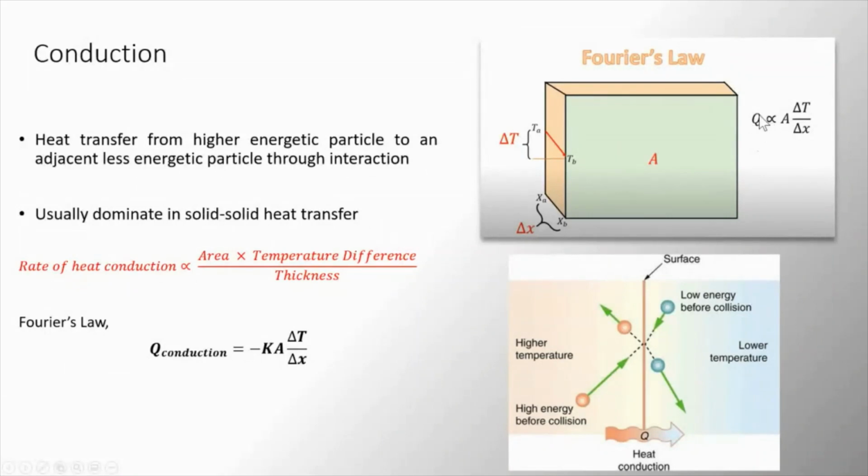The amount of transferred heat from surface A to surface B is proportional to its cross-sectional area. The higher the area, the more heat transfer. It is proportional to the temperature difference. The higher the temperature difference, the more. So if you have 100 over here and 0 over here, and 200 and 0 over here, definitely for 200 you'll see a much higher heat transfer rate.